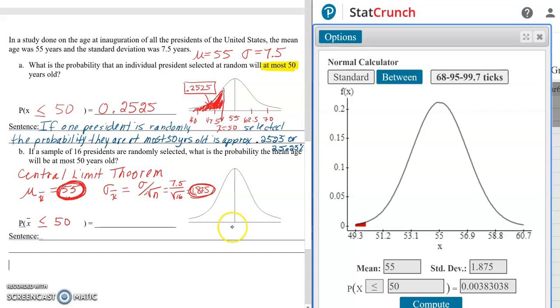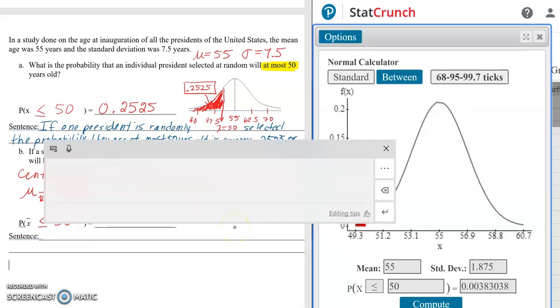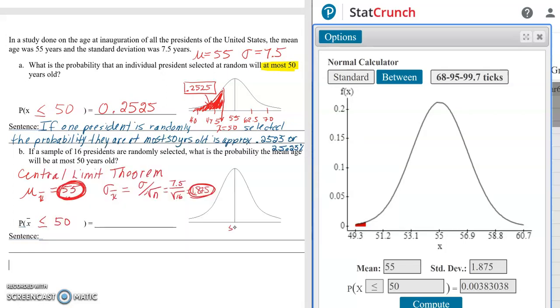Labeling my curve, I'm going to get 55 is our mean, then 56.9, 58.8 to the right, 53.1, and 51.2. Notice I'm going out to 2 standard deviations. It's not necessary to do the full thing.